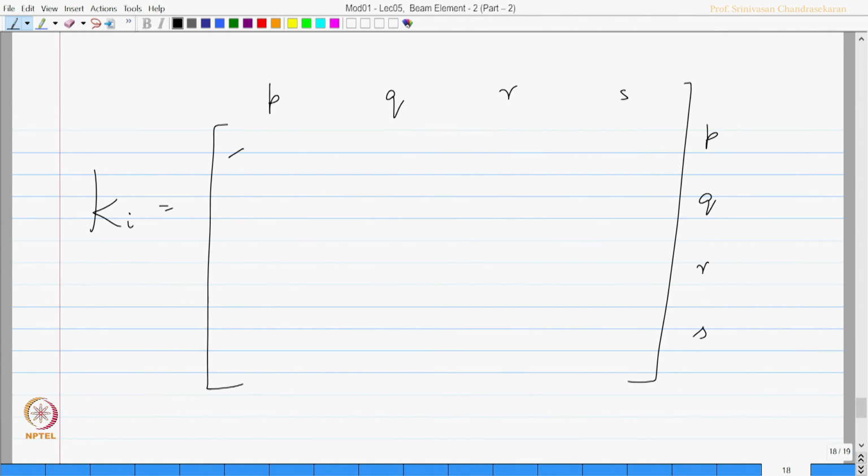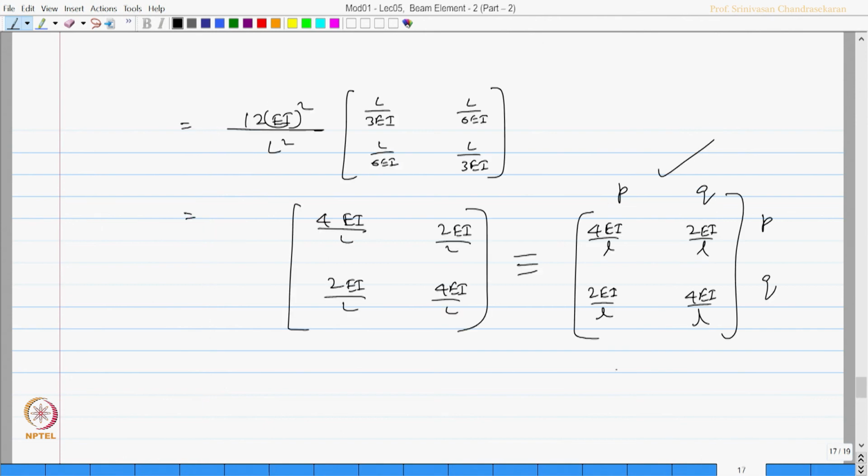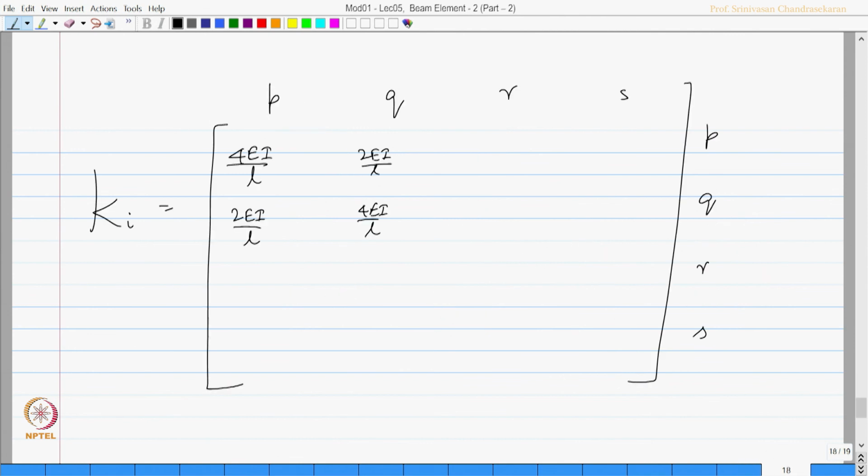The 4 values are 4EI by L, 2EI by L, 2EI by L and 4EI by L, which we derived just now. Okay. I wrote that. So, this value will be the sum of these two by L again.